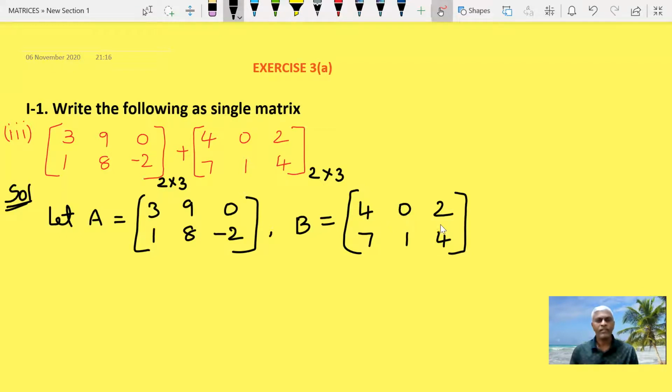And these are the rows and these are columns. There are 2 rows and 3 columns. 3 9 0 is the first row, 1 8 minus 2 is the second row. From up to down, 3 1 is a column, 9 8 is another column, 0 minus 2 is another column. So there are 2 rows and 3 columns in both the matrices. So both are of the same order.